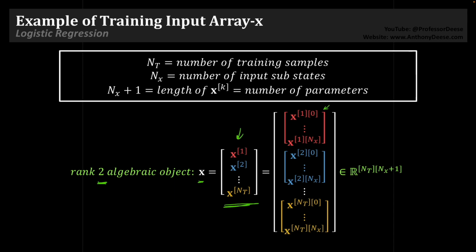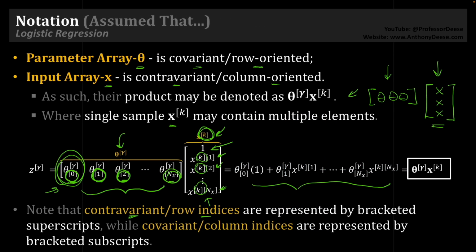X superscript 1, x superscript 2, all the way to x superscript n_t, where n_t represents the number of training samples, or I could just say number of samples we have available, because we could be using this for inference or for testing. Now, as shown in the red, this single input can then be decomposed into multiple elements, where we expect to see a structure that looks like this.